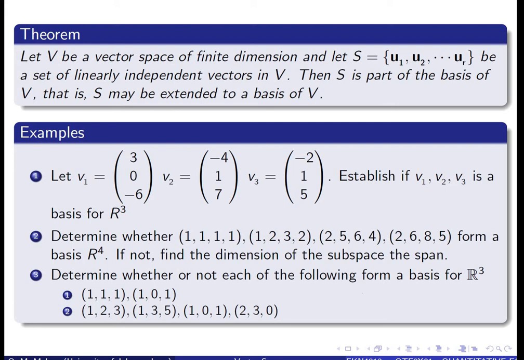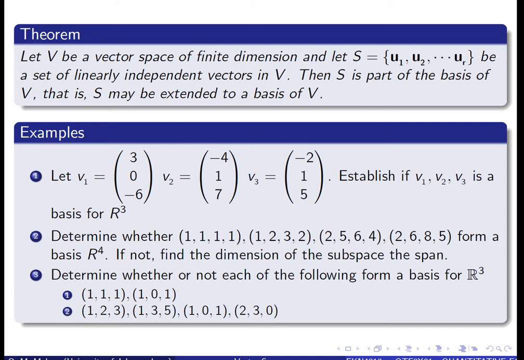So here we have 3 vectors in R3. v1 is (3, 0, -6), v2 is (-4, 1, 7), and v3 is (-2, 1, 5). We need to establish if v1, v2, and v3 are a basis for R3. As in the previous slide, in order for this set of vectors to be a basis of R3, first of all, they must be linearly independent.